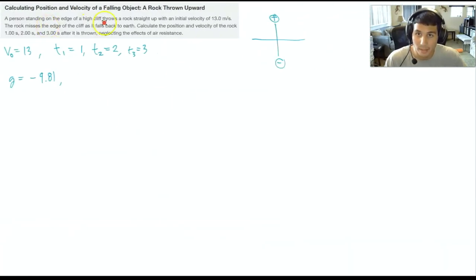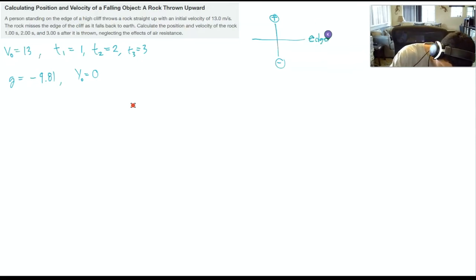And by the way, this is the important assumption to make, and let's use y instead of x because we're talking about vertical, right? That y0 is equal to 0. We're standing on the cliff, but for this diagram, this is the edge of a cliff.